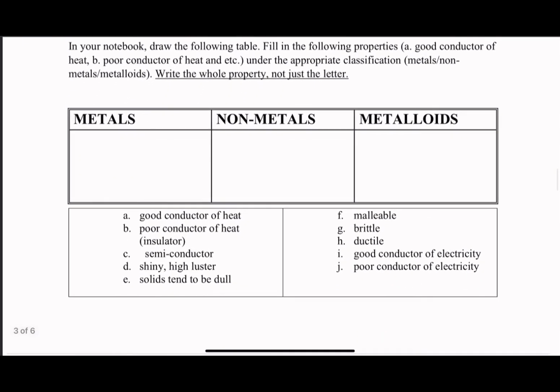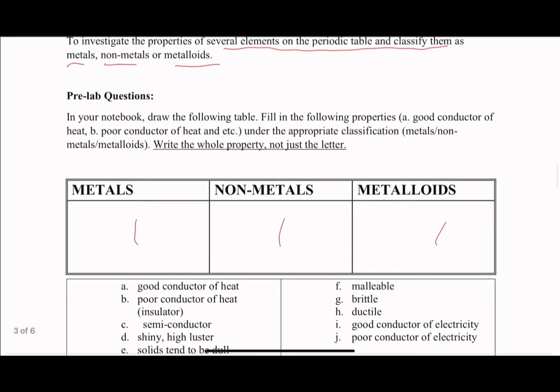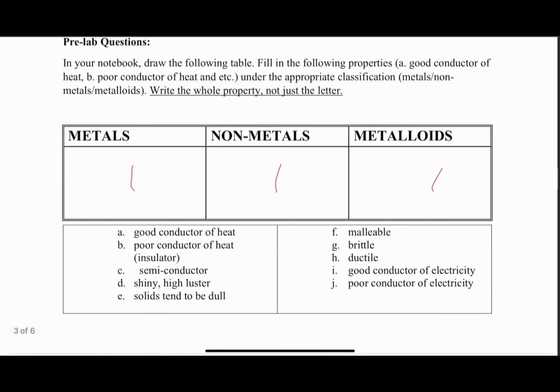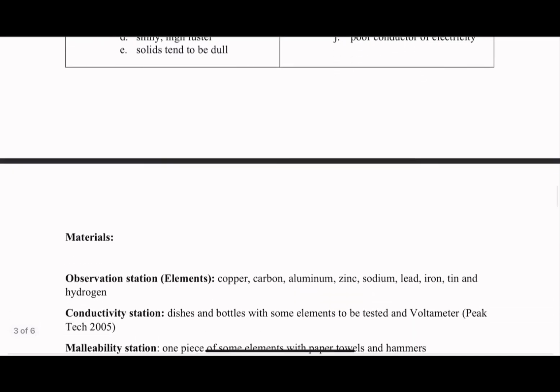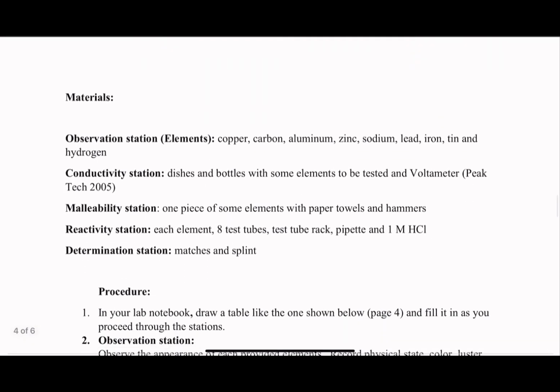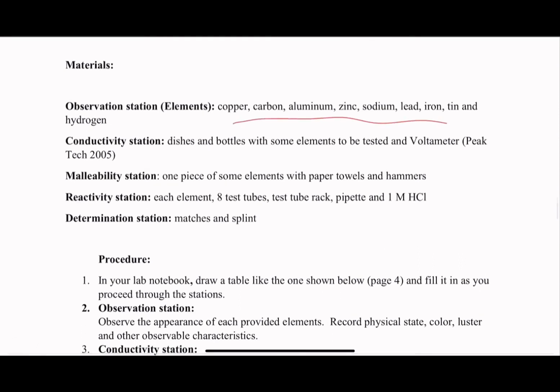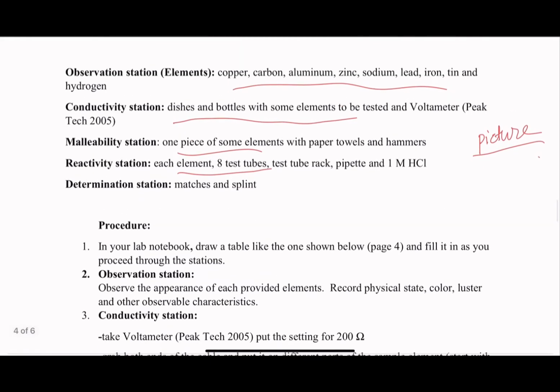You need to fill this out before you come to the lab, because using this you can write down your introduction and hypothesis sections. In the materials section, we have all the stuff in here. I told you I have a picture on Blackboard. You can use it too. We had the conductivity station, malleability, and reactivity.